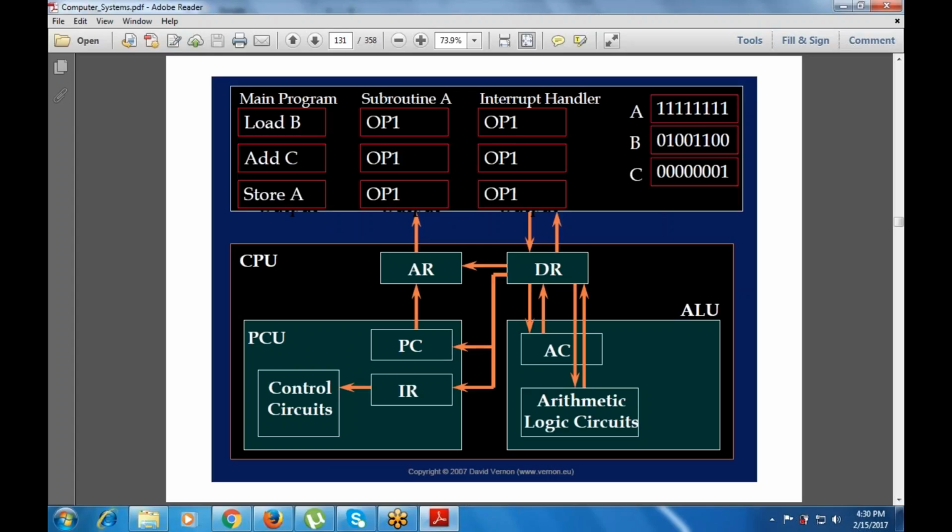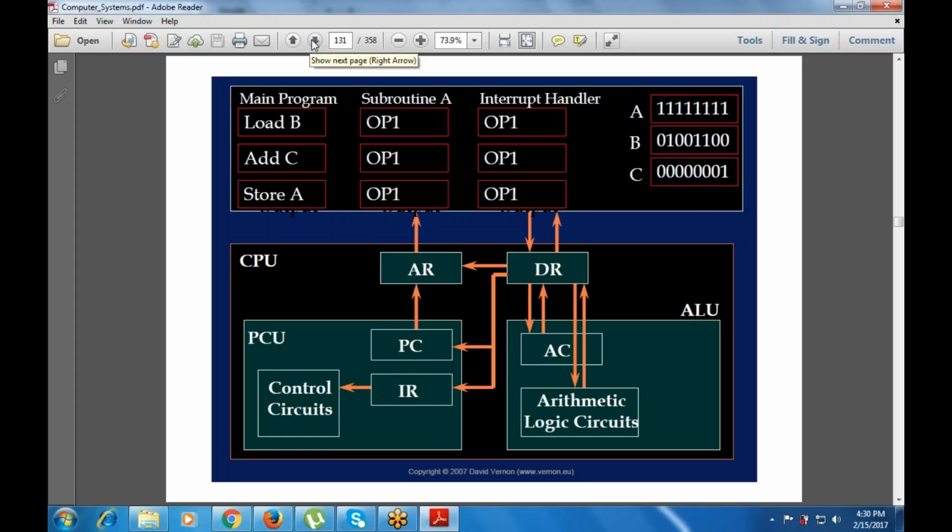Now this is one example of a program. There is the main program: load B, add C, store A, then subroutine OP1, and the interrupt handler, with bit patterns such as 11111111, B as 01001100, and C as 00000001.